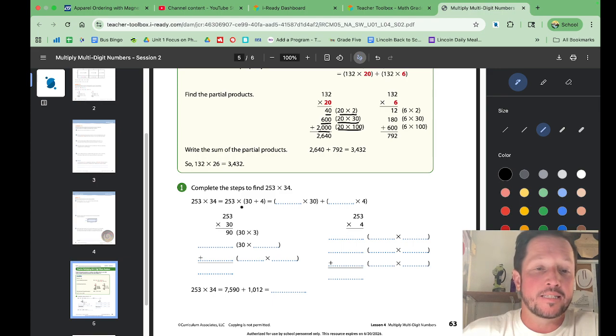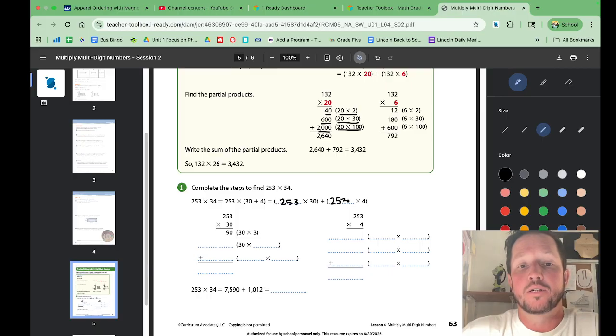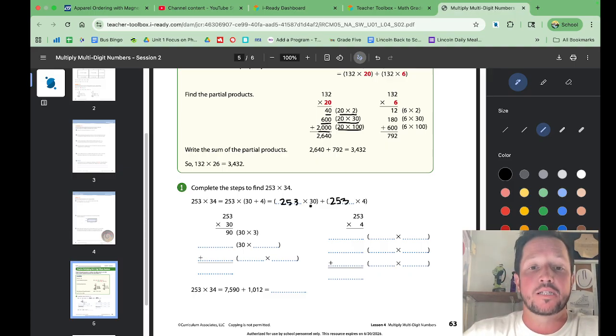What it's saying is that it's breaking up the 30 and the 4 into two different sides, because what you're going to do is multiply 253 times 30, and then you'll do 253 times 4.